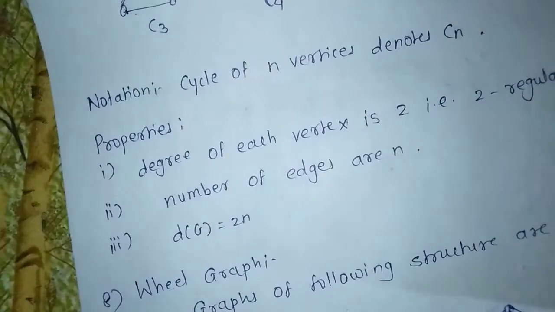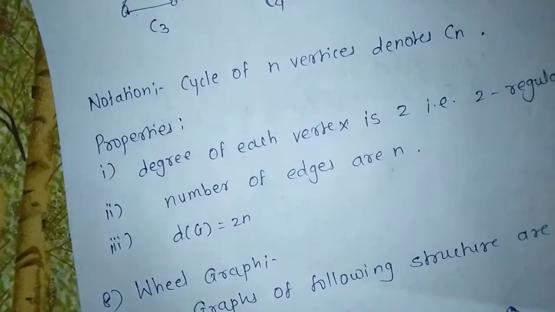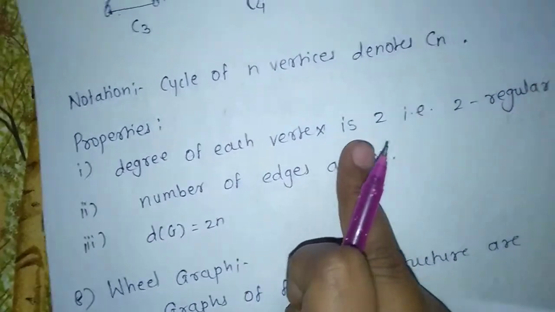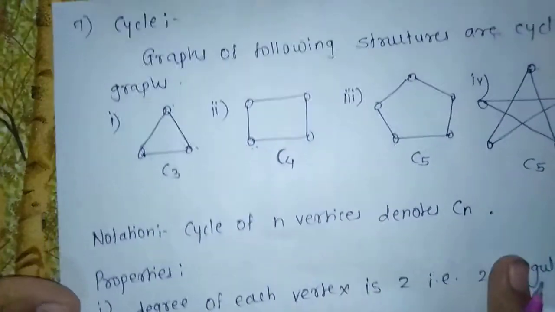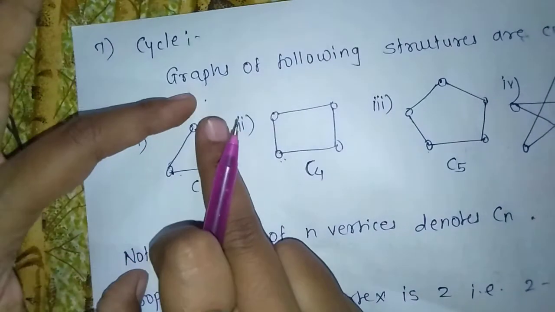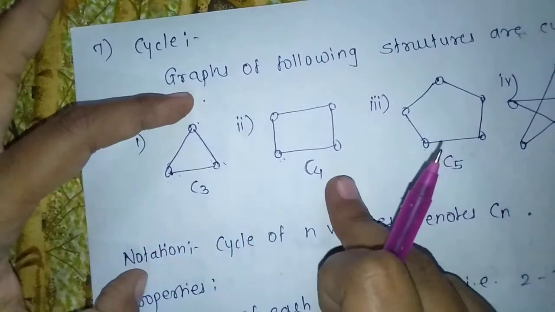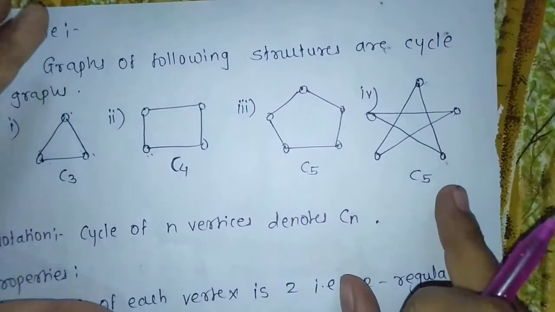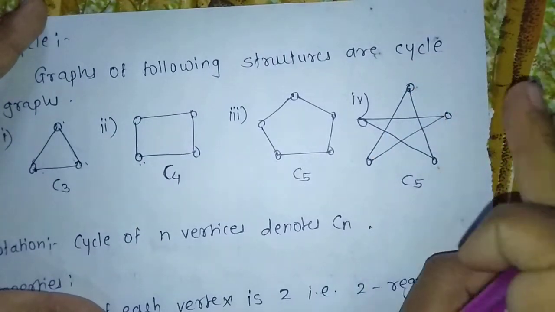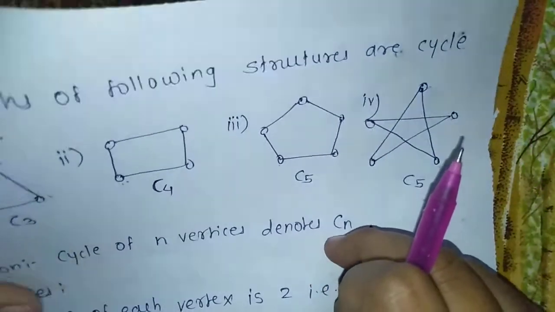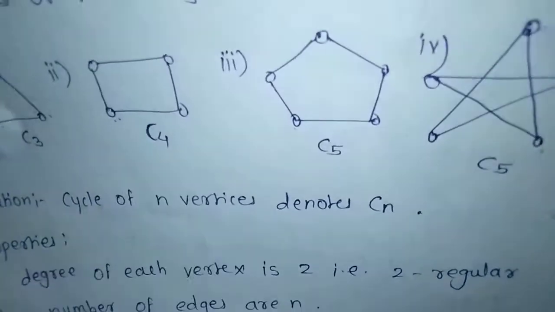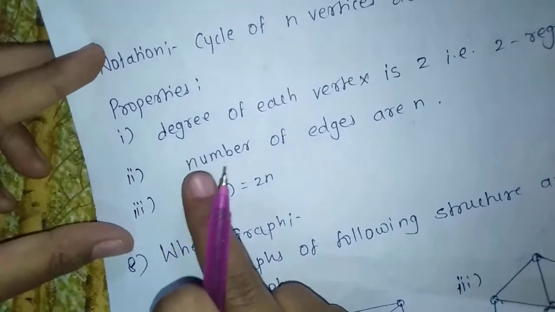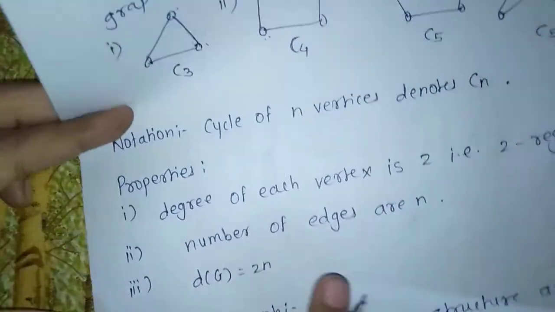Next, properties of a cycle. The degree of each vertex is 2, that is, 2-regular. You can see that for C3 each vertex has degree 2. Also for C4 and C5, this vertex has degree 2, this vertex has degree 2, and similarly for the remaining vertices. Second property, the number of edges is n.